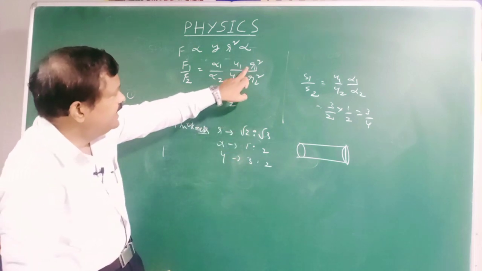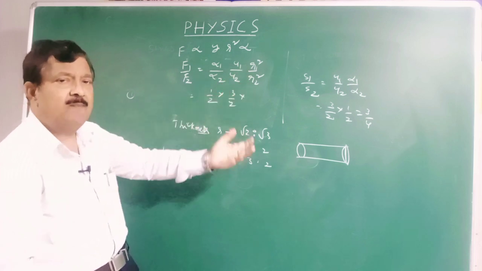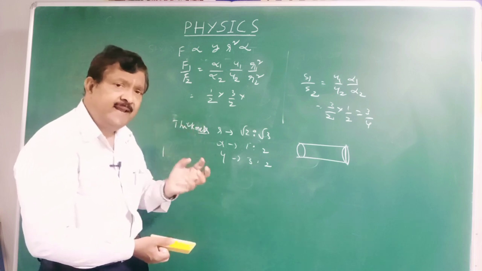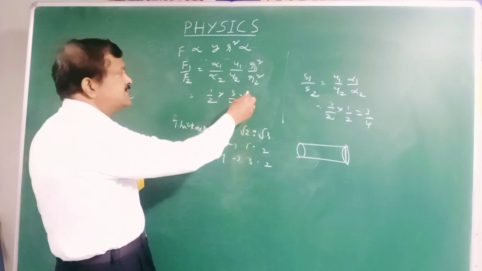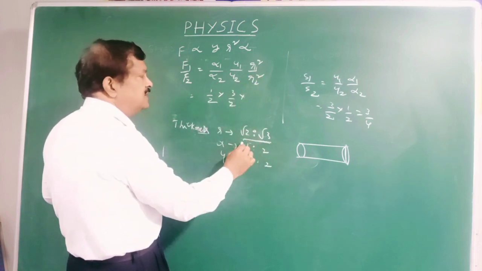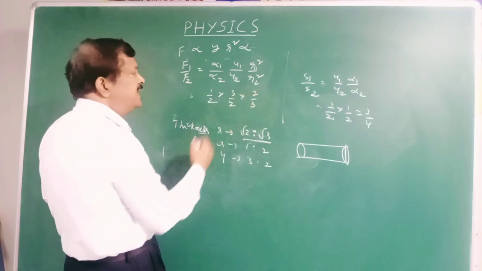But what we want here is r1 square by r2 square, where r is the radius, but diameter is double the radius. So radius and diameter have the same ratio. Therefore, in place of r1 square by r2 square, these are the thickness ratio, that is root 2 by root 3 whole square, or it is 2 by 3.